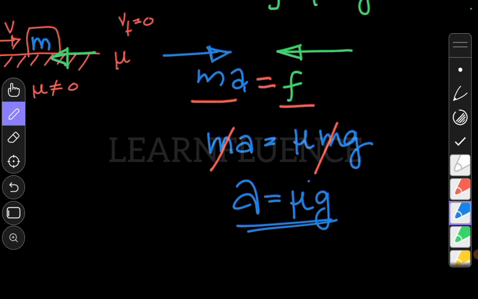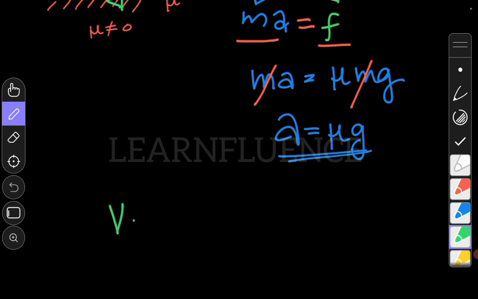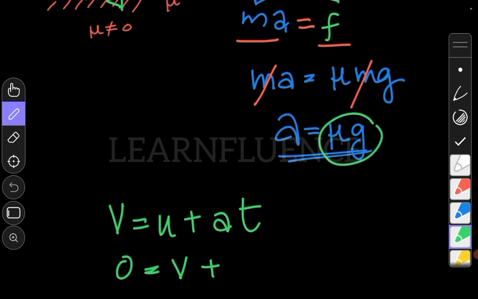And we know from the equations of motion that v is equal to u plus at. Here the final velocity v is equal to 0 and the initial velocity is v, plus a is mu into g, right, and time t.